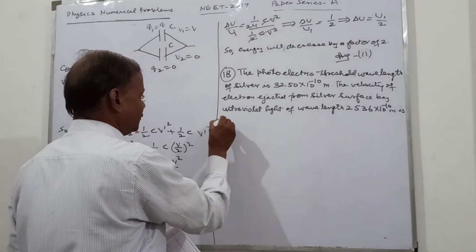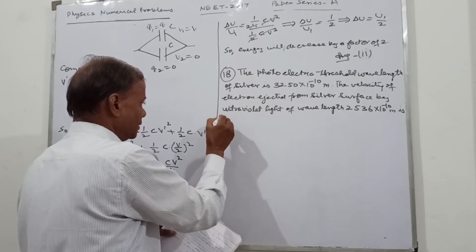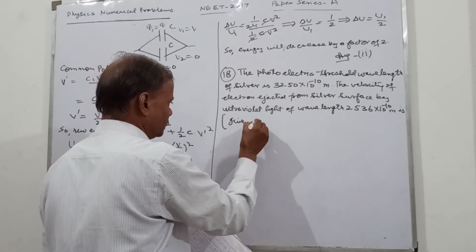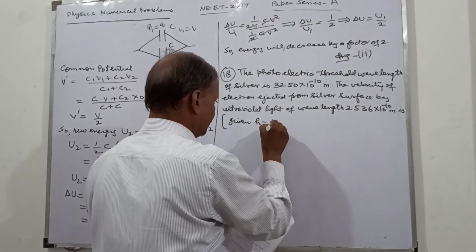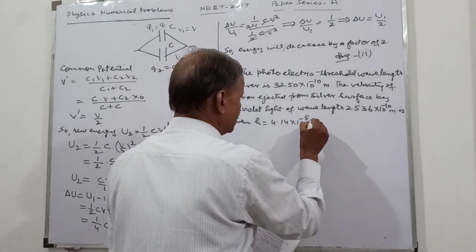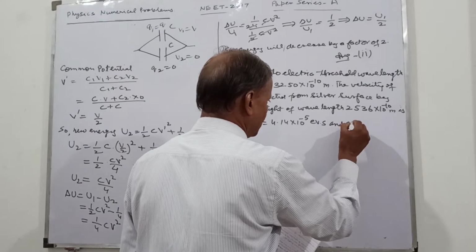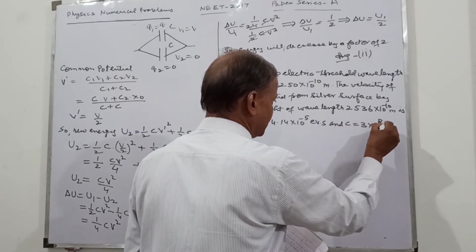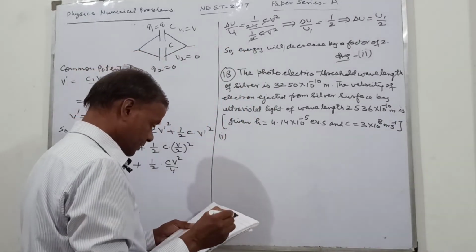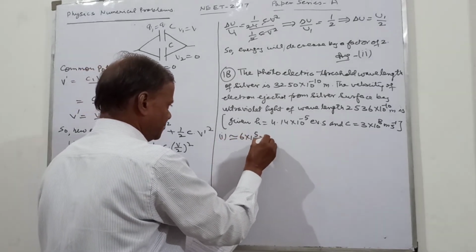There is given something, so here is given H equal to 4.14 into 10 raised to the power minus 15 electron volt second, and C is 3 into 10 raised to the power 8 meter per second. This is given. Now the first option is approximately 6 into 10 to the power 5 meter per second.